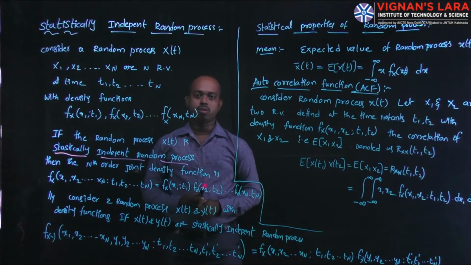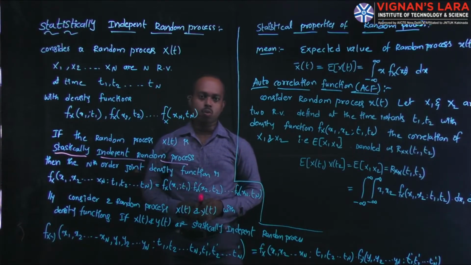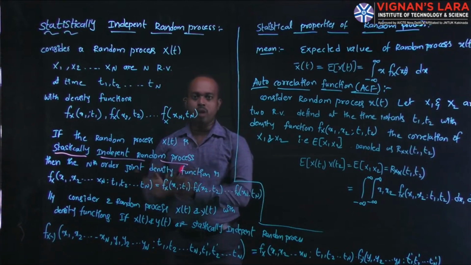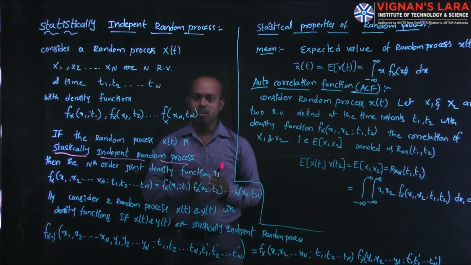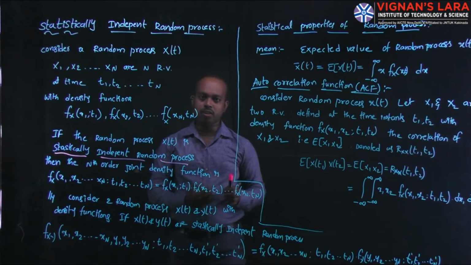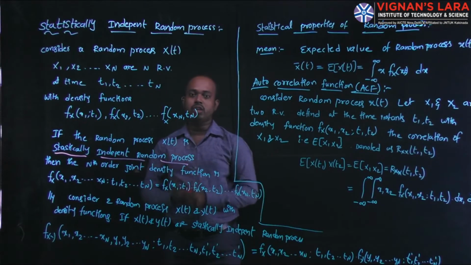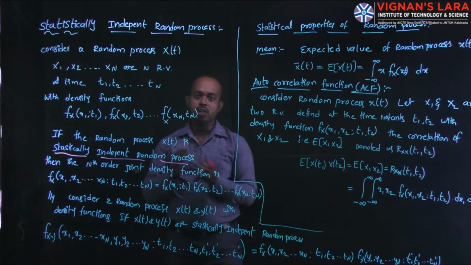Similarly, the second random process is y of t. Its random variables are y1, y2, y3, y4 up to yn. It also has n terms, but it is defined at different times. Already we are using the t1 term, so here I consider a different time parameter.